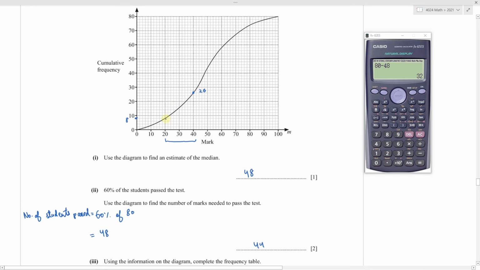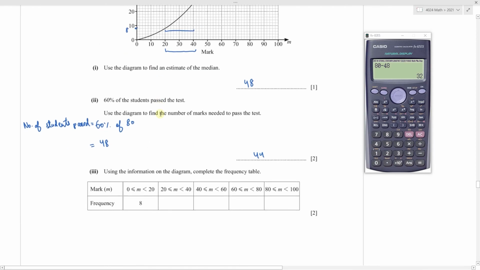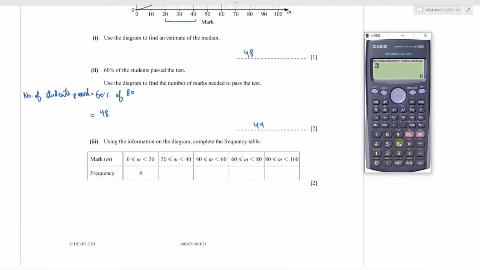So the frequency between this interval 20 to 40 will be 26 at the end and 8 at the start, which is the cumulative frequency. So the frequency only between 20 and 40 will be 26 minus 8, which is 18.